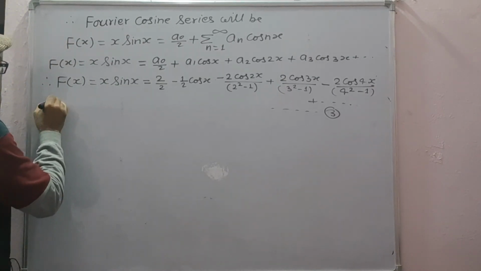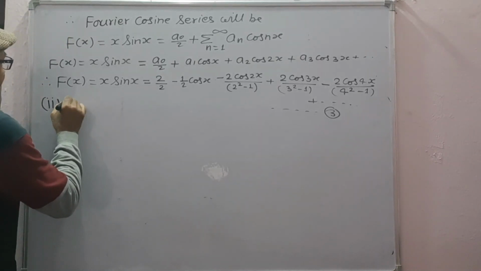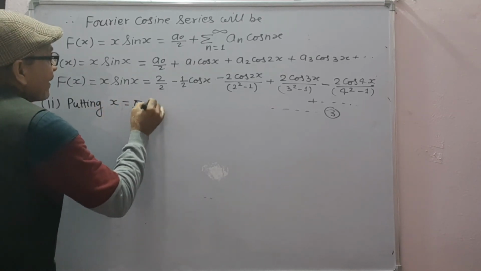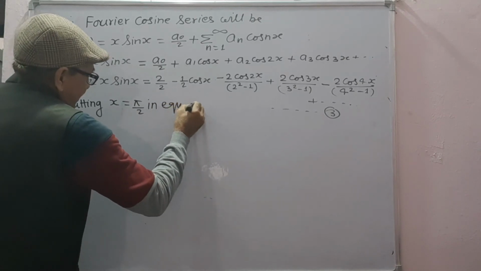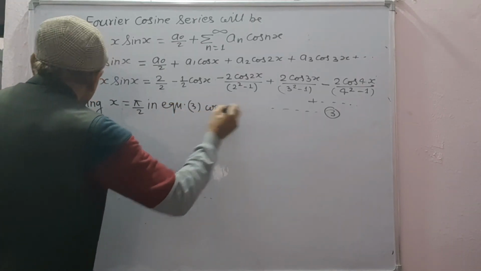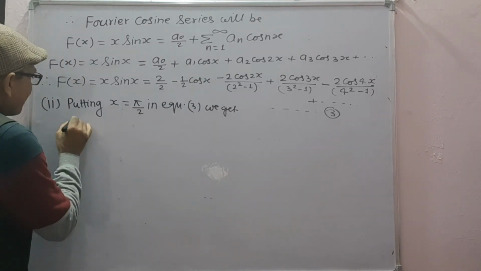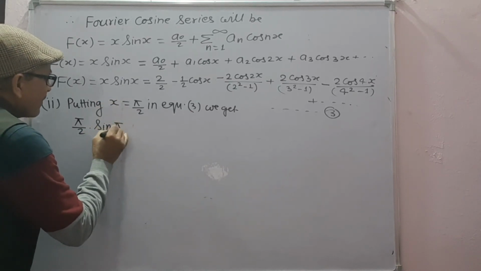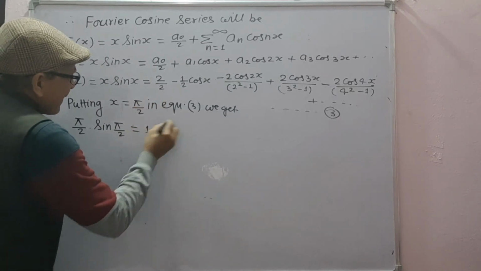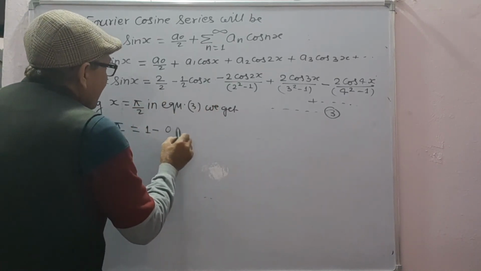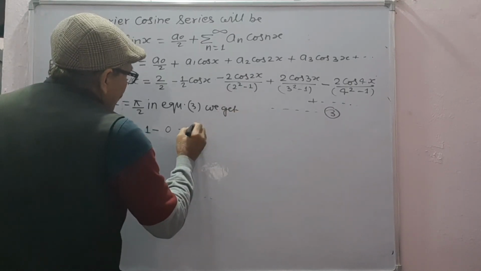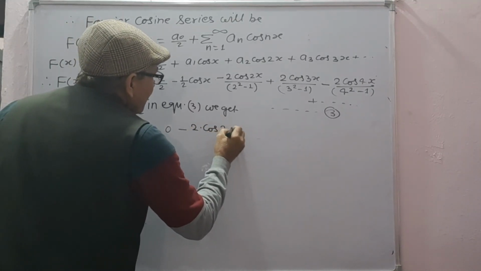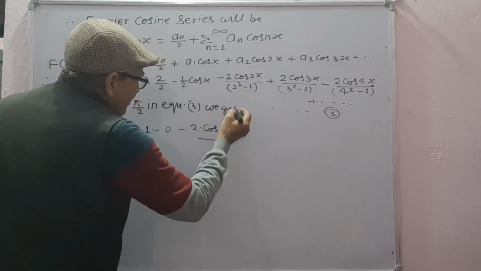Now second part, putting x is equal to pi by 2 in equation 3, we get pi by 2 sin pi by 2, which becomes 1, is equal to 1, cos pi by 2 becomes 0, minus 2 cos 2 pi by 2 upon 2 square minus 1, meaning 3.